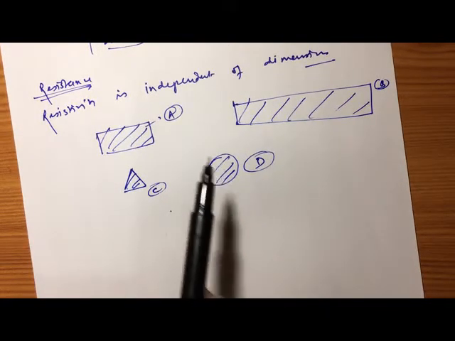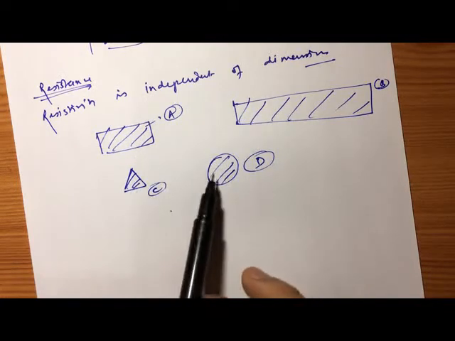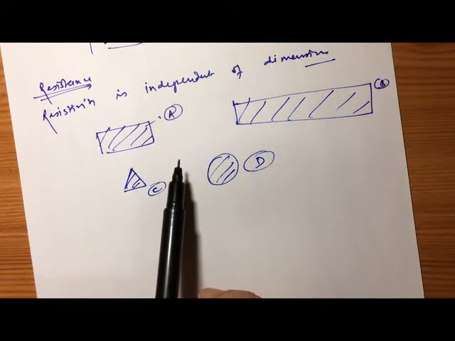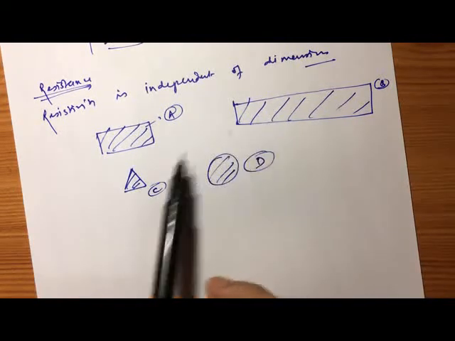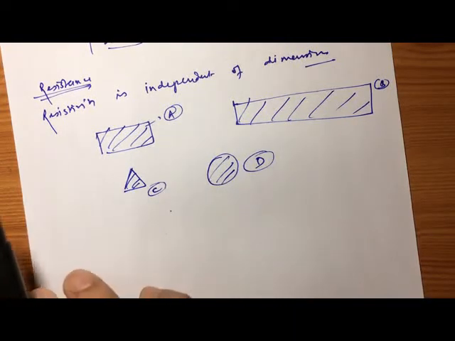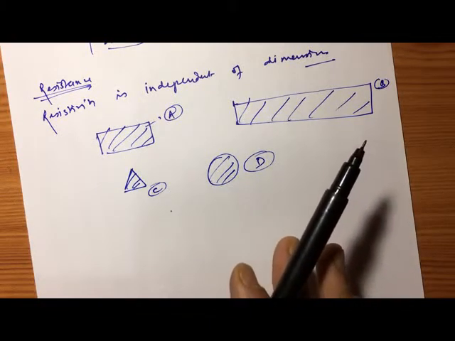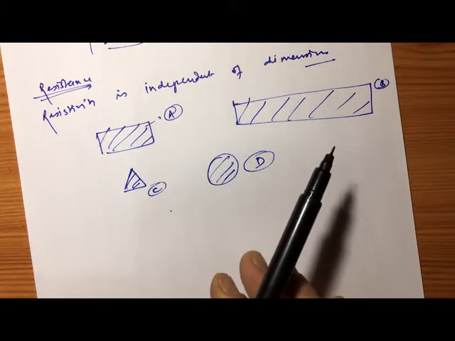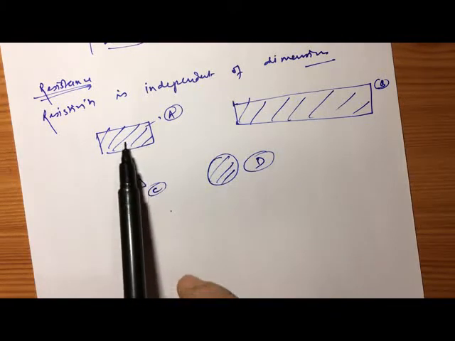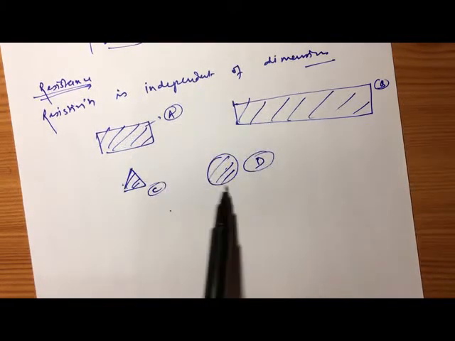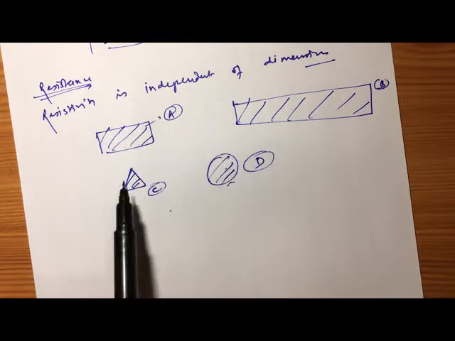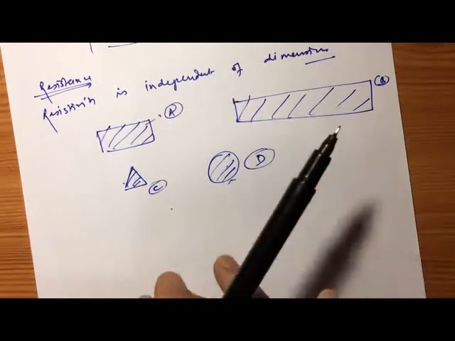So obviously, due to having different dimensions, all will have different resistance, but the resistivity of them will be exactly the same. Why? Because we consider resistivity of material, and all the conductors here are made up of iron, and hence the resistivity will be the same.